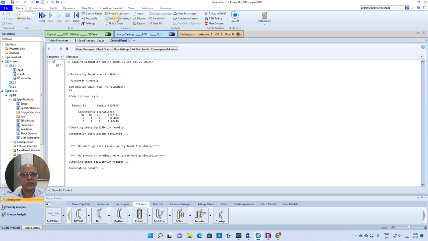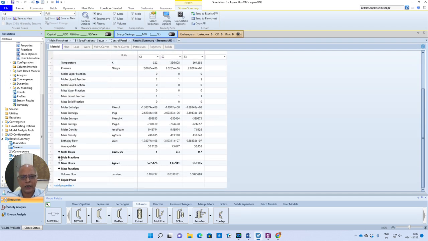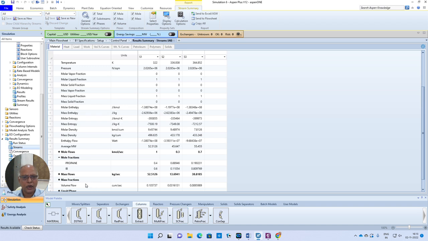So we got some results. Let me go to the stream summary and look at the mole fractions. Now we were able to get a mole fraction of 88% of propane in the top product. Remember, S2 happened to be the top product, and about 81% with respect to isobutane. These are not as per our requirement.